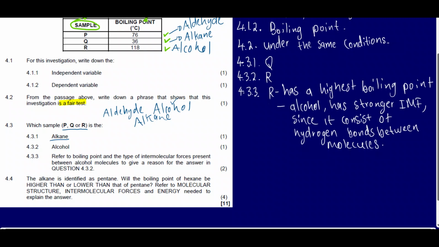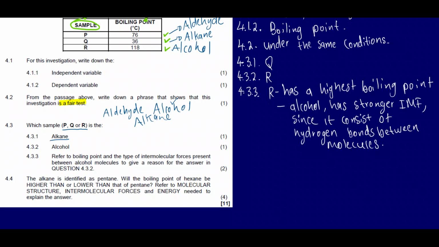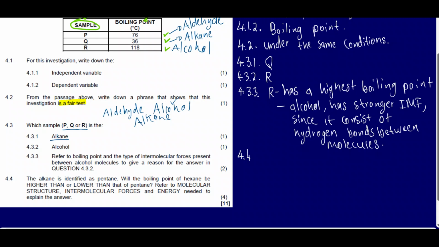So remember, we're saying that compound R is alcohol, which has the highest boiling point, because alcohol has stronger intermolecular forces since it consists of hydrogen bonds between the molecules. So the hydrogen bonds are the strongest intermolecular forces, right?